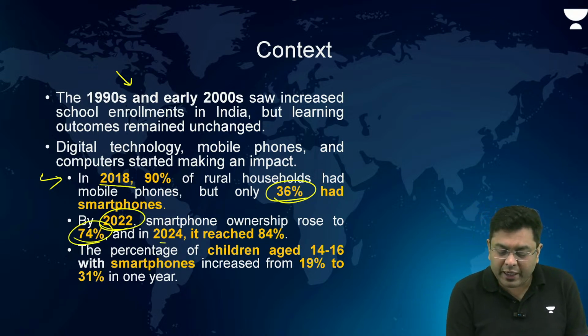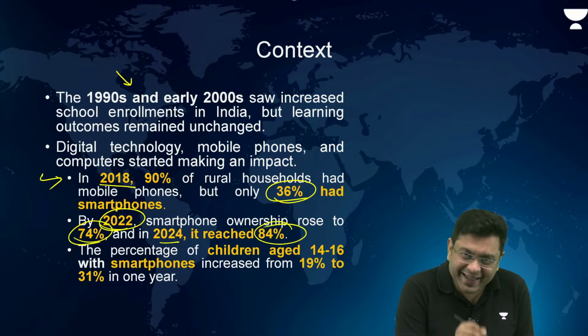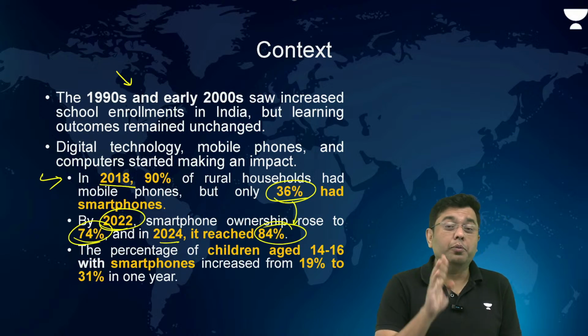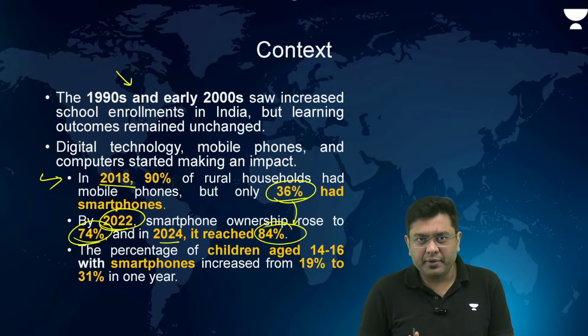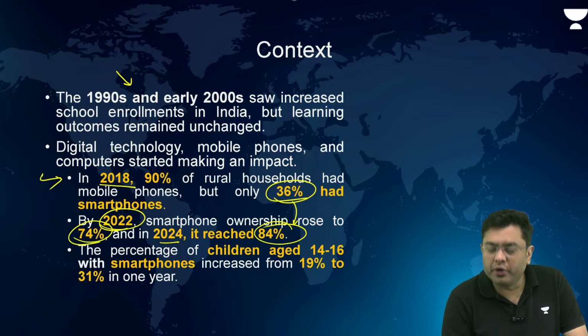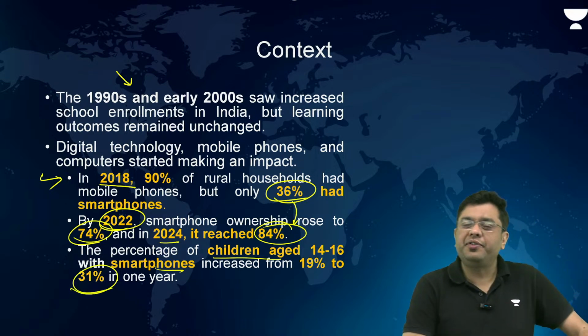In 2024, 84%. So within 6 years, from 36% in 2018, it is almost 2.5 times, which is massive, right? The percentage of children aged 14 to 16 with smartphones increased from 19 to 31% in 1 year.